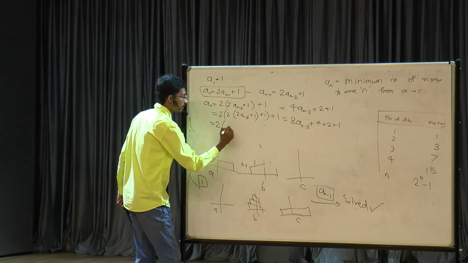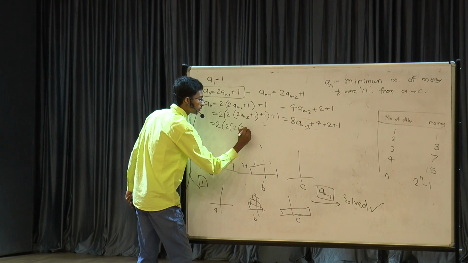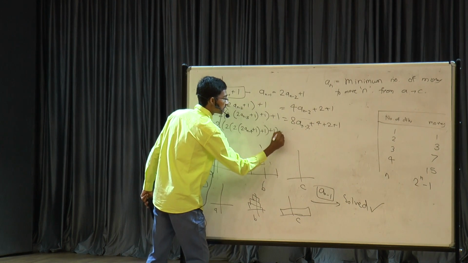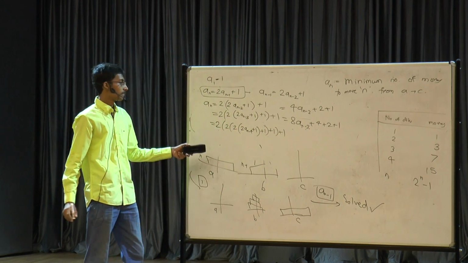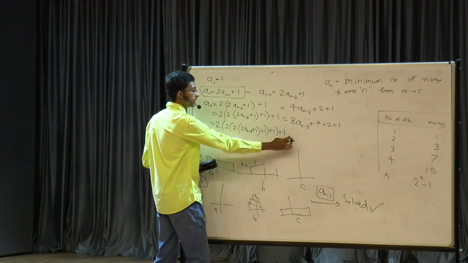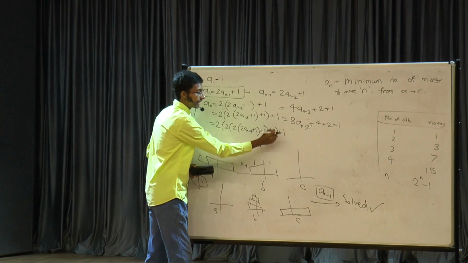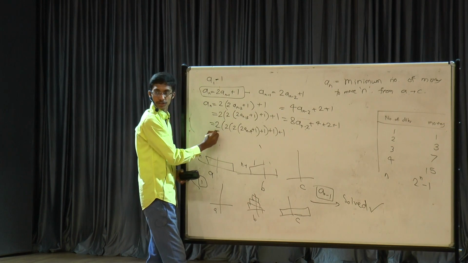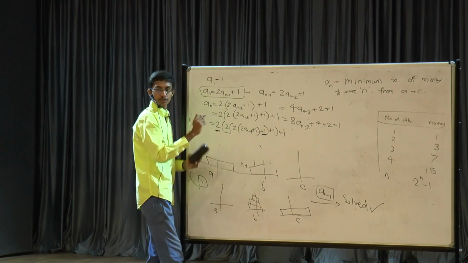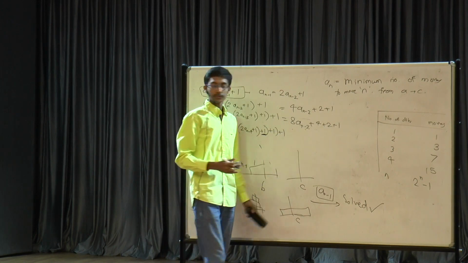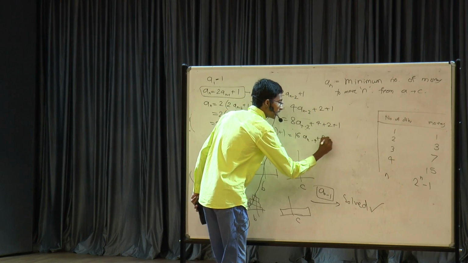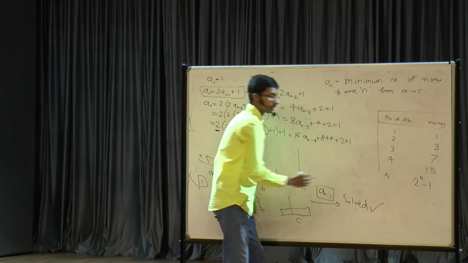So I'll just write one more. Right? So all these plus ones, the last one is not multiplied by anything. The second last one is multiplied by this 2 only. This one is multiplied by this and this. So you are adding powers of 2, sort of. So this next one is going to be 16 a_{n-4} plus 8, 4, 2, 1.